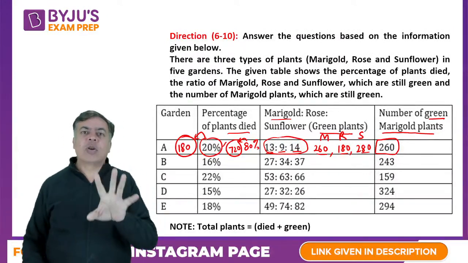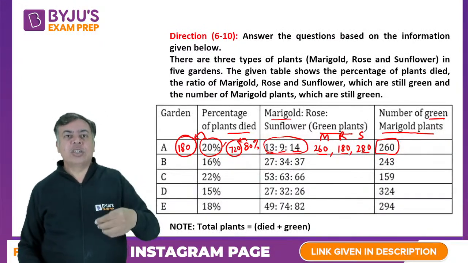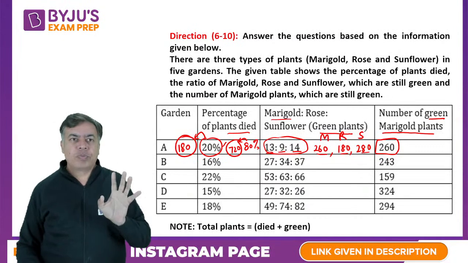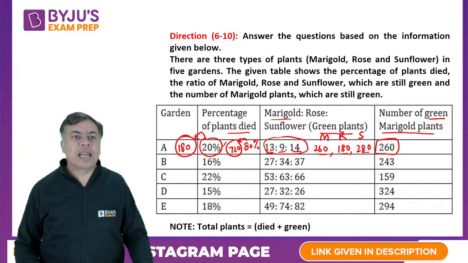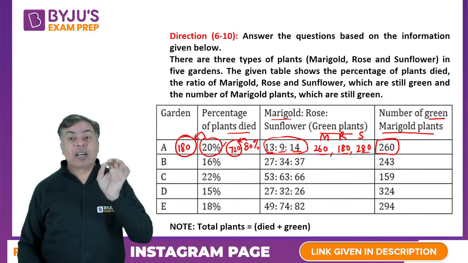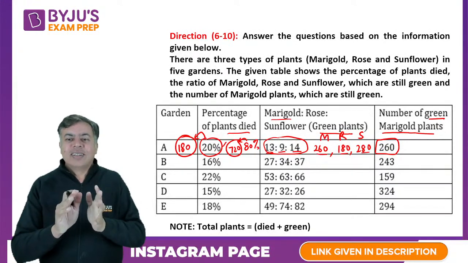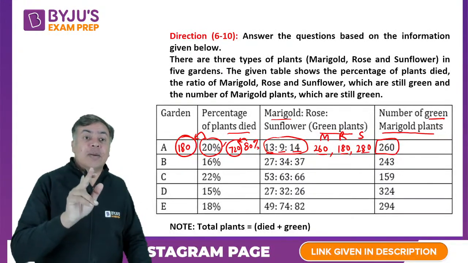You need not calculate right now, but I am telling you how this set should be understood and how these values can be calculated. Generally don't worry about the figures. The figures given will be logical values. Like 260 was given, which was a multiple of 13.